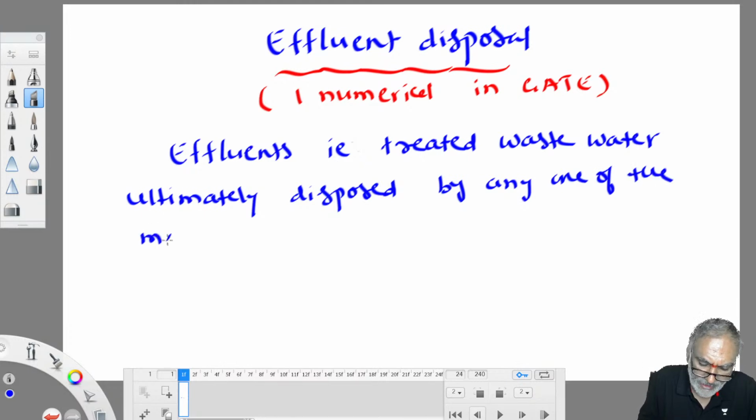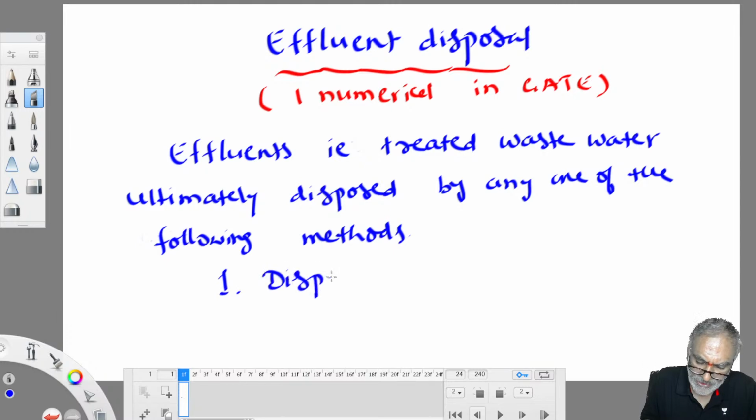There are 2 ways you can get rid of the waste. One is disposal by dilution, and second is land treatment.